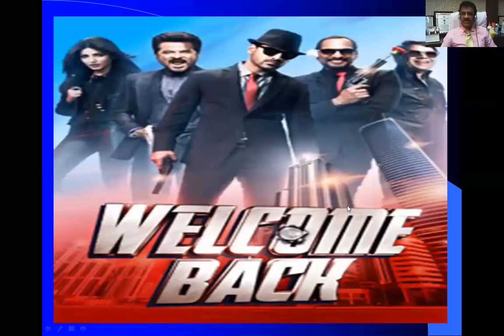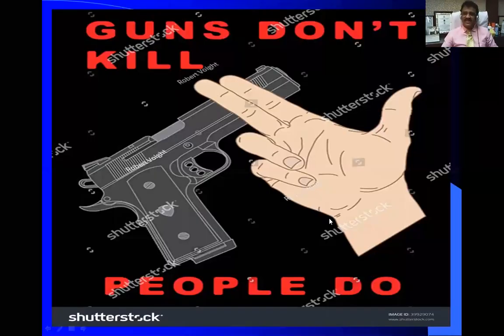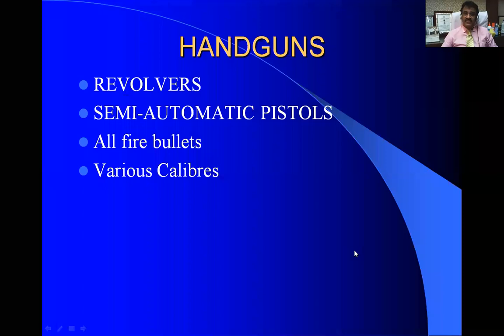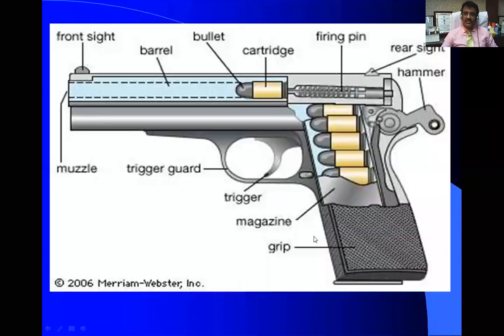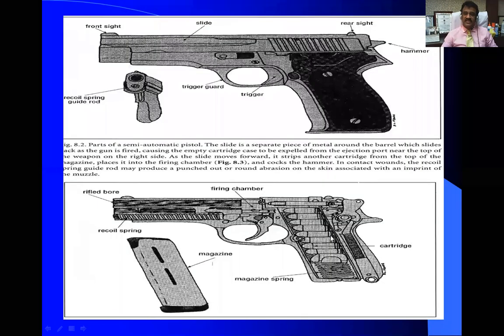We started from here, and I told you about the mindset of people who utilize these dangerous weapons, and the types of handgun revolvers. Then we saw pictures of handguns, revolvers, pistols, and automatic, semi-automatic pistols.